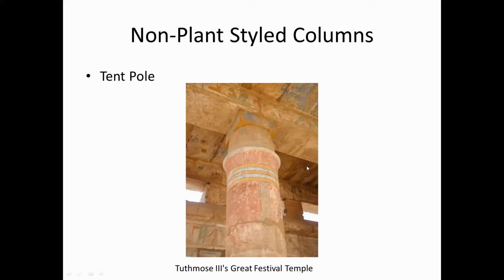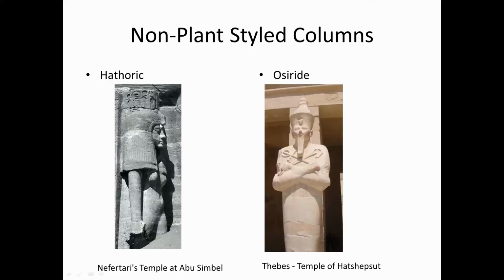And we have a non-plant style column here called the tent pole. So this is supposed to represent what a pole holding up a tent out in the desert might look like. Very standard. We have the Hathoric and the Osirid columns.